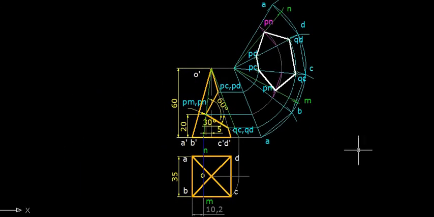So in this problem what we have learned: if the point is there on any of the edges, then how to transfer that point on the given edge, and if no edge is there for any point, then you can put an additional edge like this green edge we have marked. Remember that it should be extended up to the base, then the projection is to be taken in the top view, then this distance is to be marked along the development, then these additional lines you will get in the development.